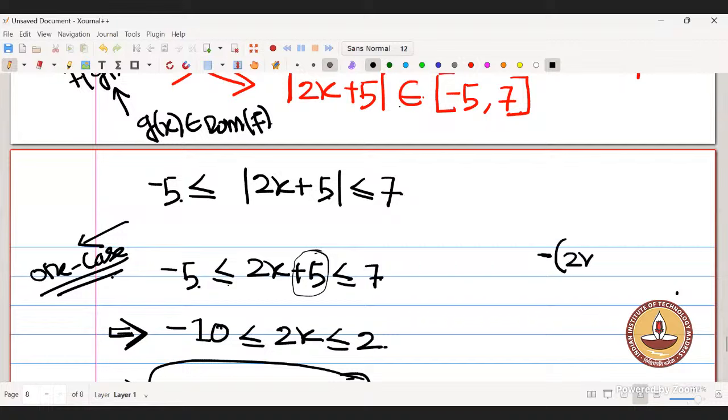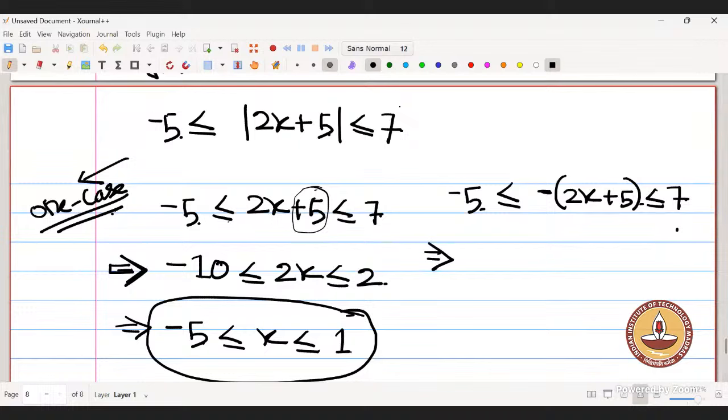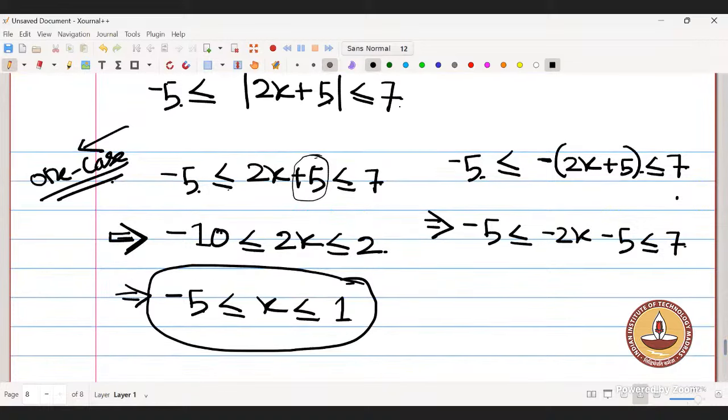So let me write this. You will get, right? Yeah, correct. So this is -2x -5, less than... Sir, if we remove the negative signs, there will be no solution for this.